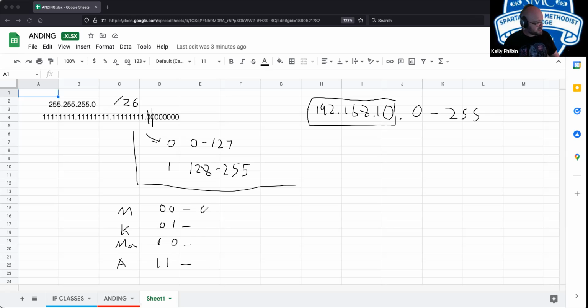So now our range would be 0 to 63, 64 to 127, 128 to 191, and 192 to 255. So that now becomes our IP ranges in this network.